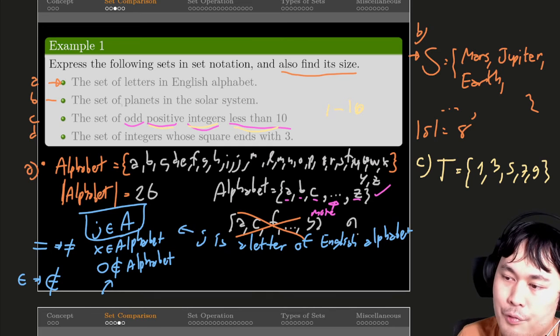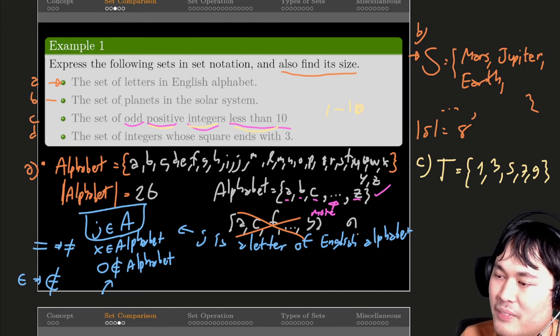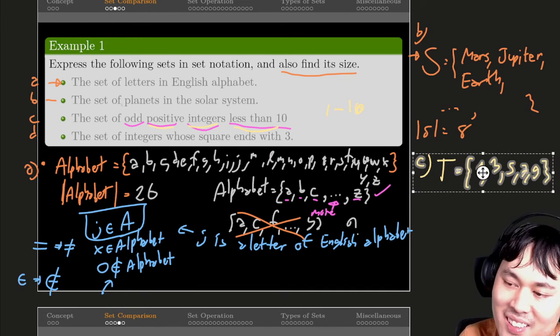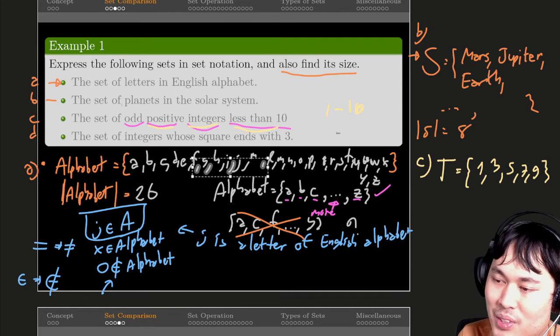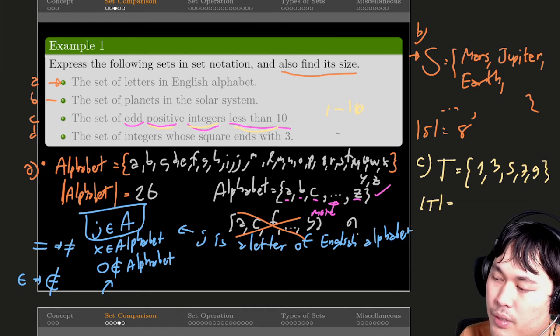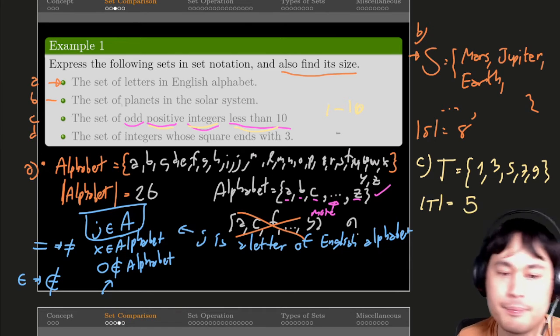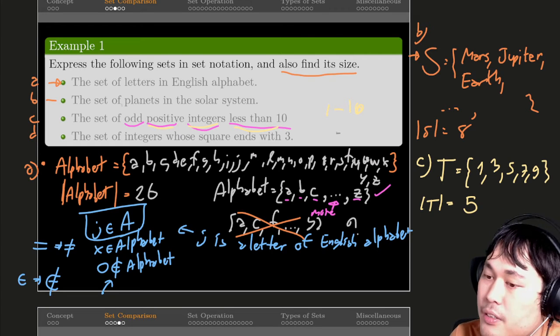So this set of odd positive integers less than 10 has 5 elements. And I'm sure you're going to prefer this version to that version. But sometimes you have to write it out. And if I ask you to find the size of the set, you will say 5. There are 5 objects, 5 elements inside this set.